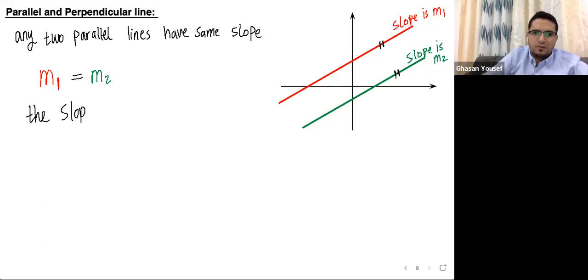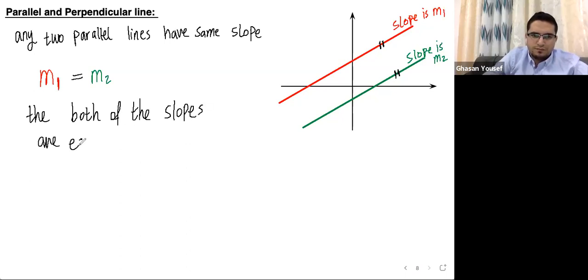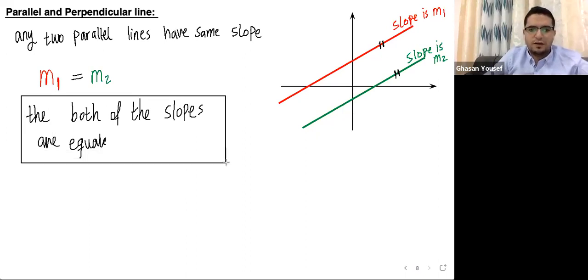Why are both of them equal? Because both of the lines are parallel.